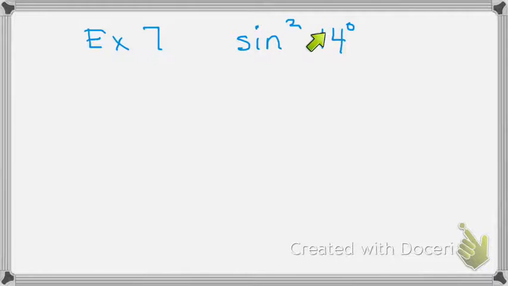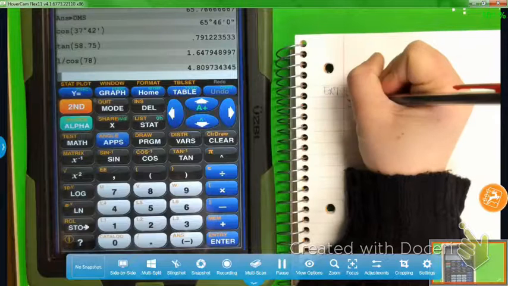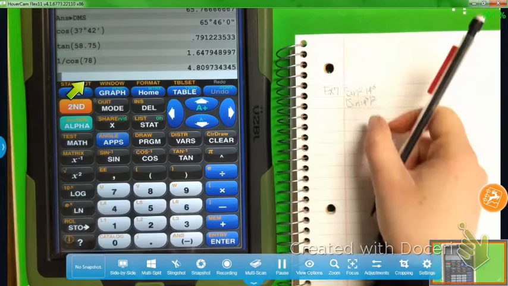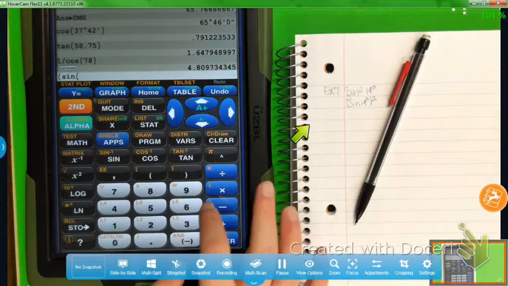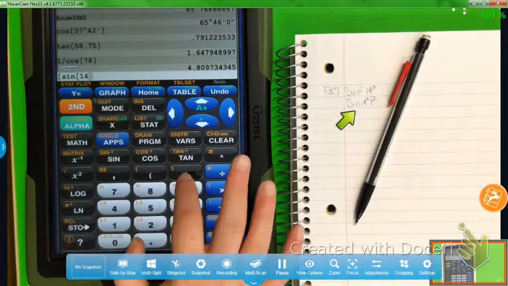The calculator doesn't work like that. To do it on the calculator, you're going to have to put that in parentheses and then square it, so that the calculator knows what you're squaring. So let's go back to the calculator. And now we've got sine 14 squared.